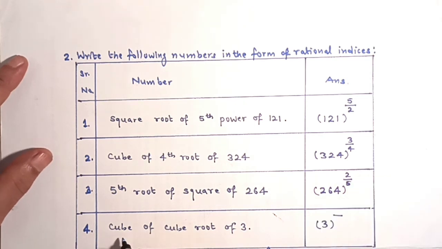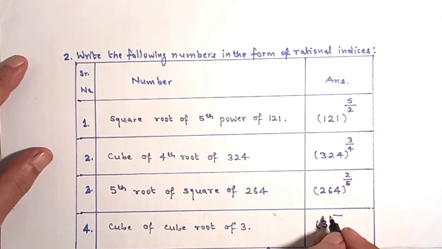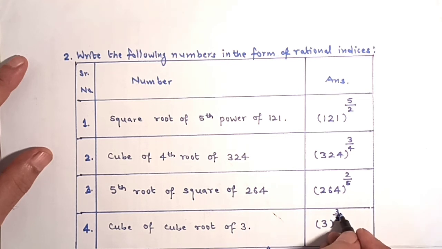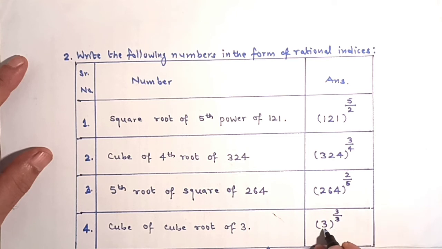Question number 4. Cube of cube root of 3. So your base is 3. Power is cube, cube means 3. And cube root, again root is 3. So m upon n, 3 upon 3. So 3 raised to 3 upon 3.